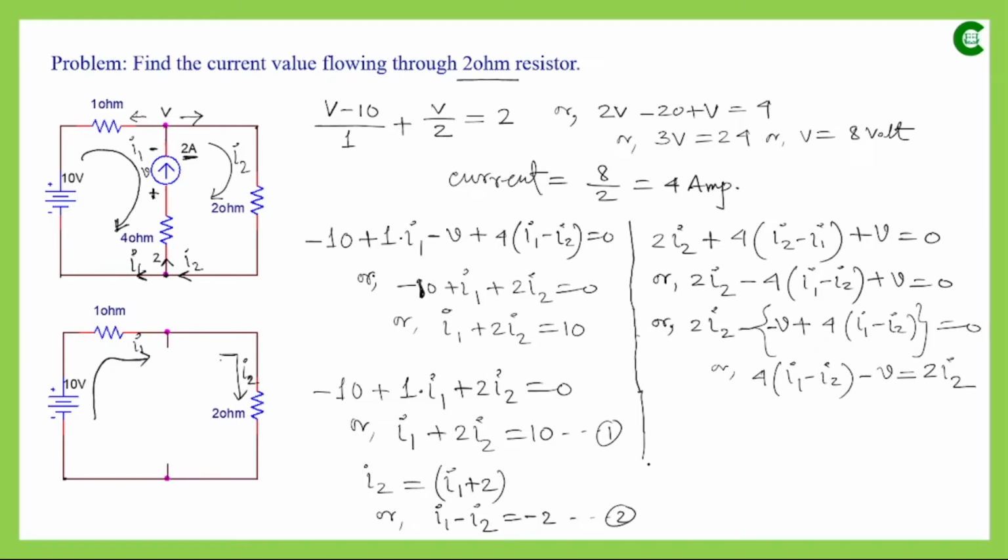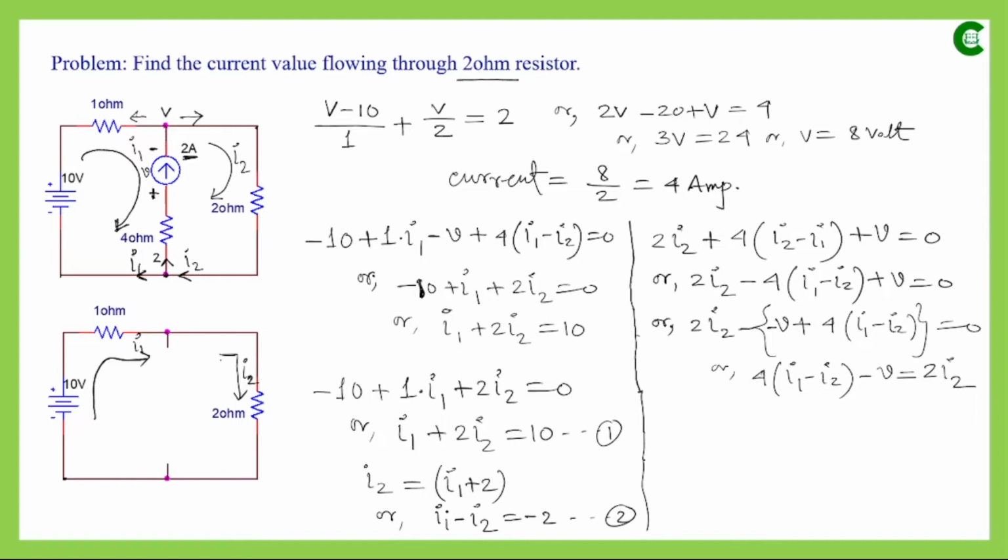This is our second equation. Whenever we apply the concept of supermesh, the second equation comes from applying KCL at the node in the branch where we have the current source.